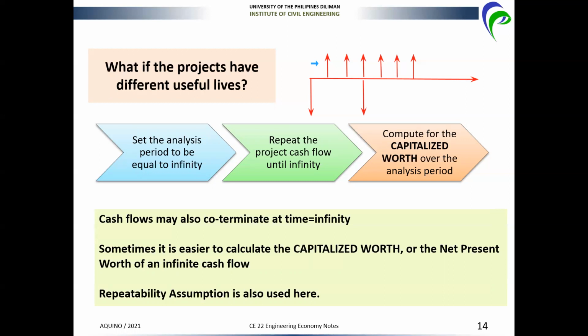Yeah, so this is one option as well. Sometimes it's easier to calculate the capitalized worth than to get the net present worth of a project repeated over multiple years. Right? So basically, ganun yung ginagawa natin.